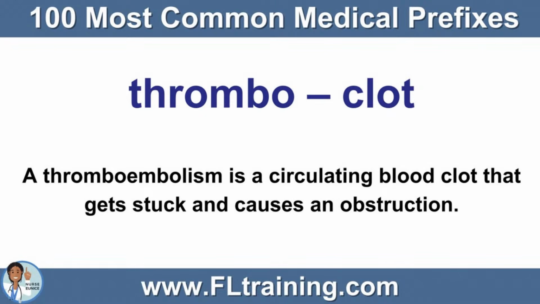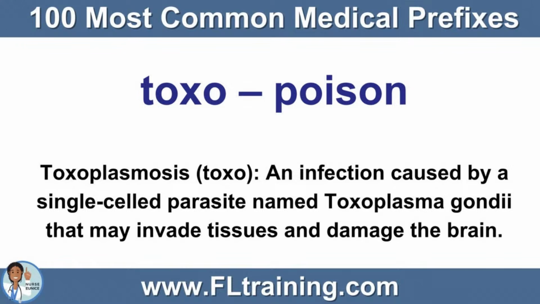Thrombo refers to clot. So a thromboembolism is a circulating blood clot that gets stuck and causes an obstruction. Thromboembolism, a clot that has moved. Toxo refers to poison.